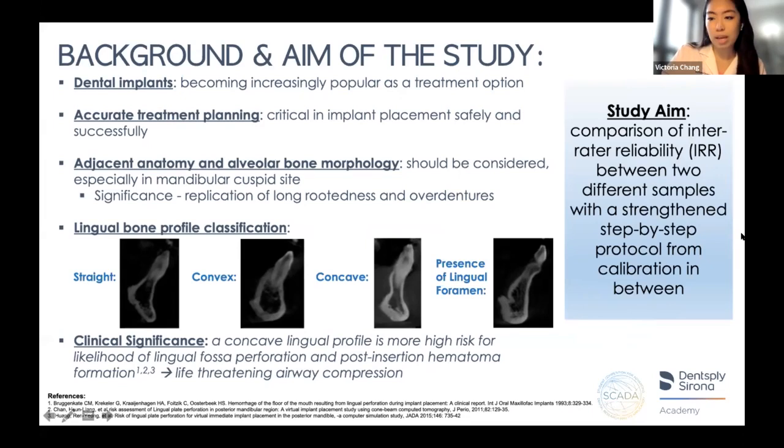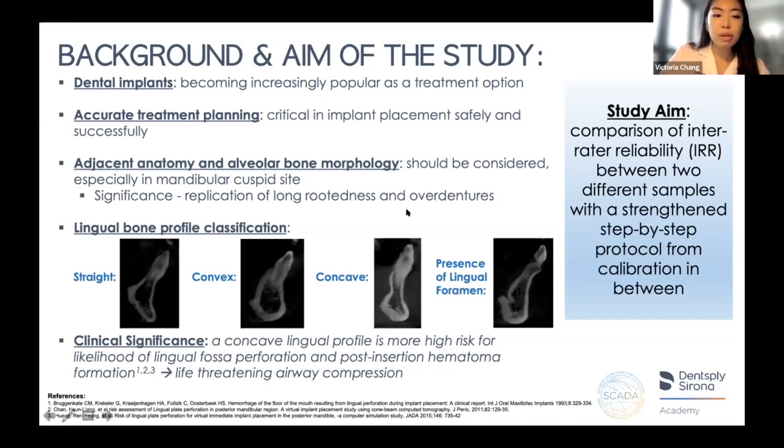And when placing implants, one should consider the adjacent anatomy and the alveolar bone morphology, in particular, the mandibular cuspid site, which is going to be our site of interest. The significance of the mandibular cuspid site is that providers often tend to replicate its natural long rootedness in picking implants, and the site is also used for overdentures.